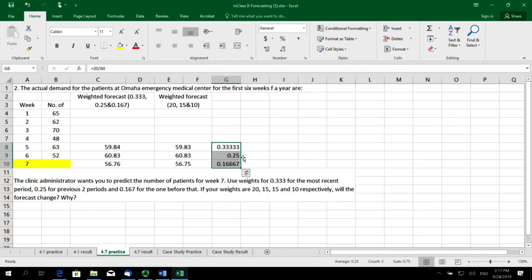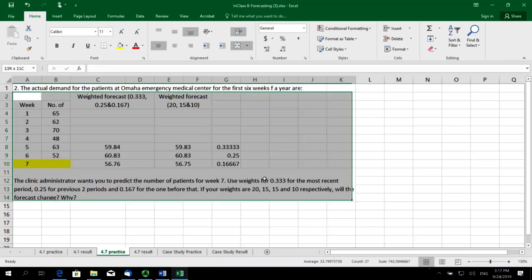So essentially, if you are using the weight of this group and the weight of this group, they are the same. Why you see the slight difference is because of the decimal roundup. If you see my calculation, 20 over 60 is 0.333, and the next one is 15 divided by 60, which is 0.25.